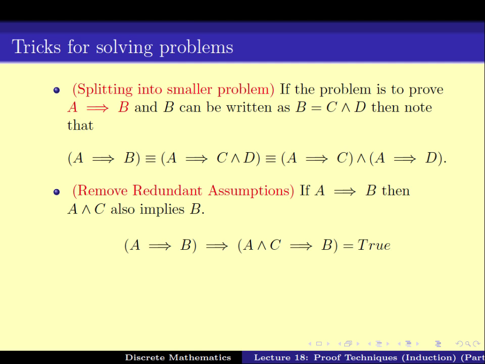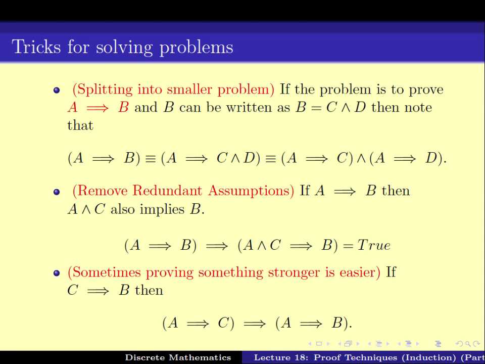Similarly, we saw that removing redundant assumptions is very useful in getting a simpler statement of the problem, which can be easier to prove. And then we also looked at some examples where proving something stronger is easier.